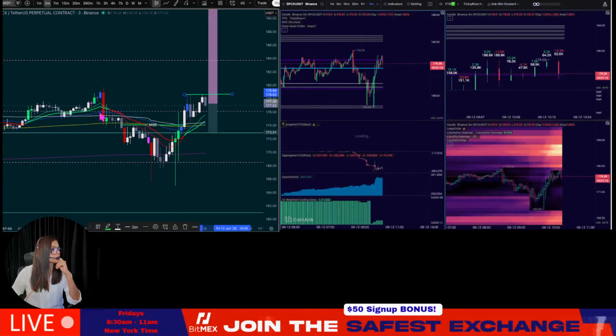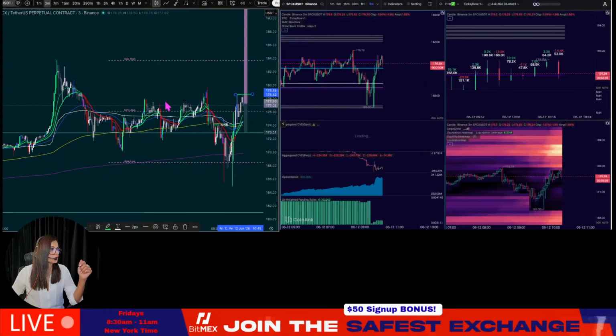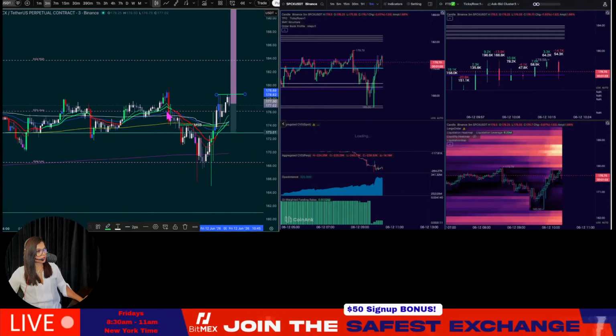All right, so yeah, back to MSB, BOS. We have consolidation, then we have a little downtrend here, lower low, lower low, lower low, lower low, and then no more lower low.